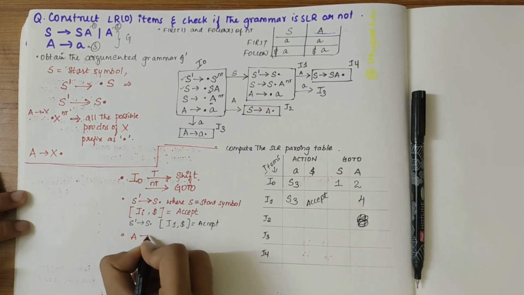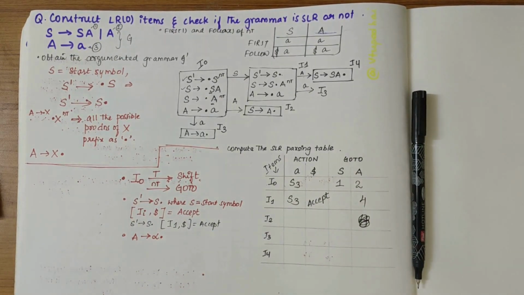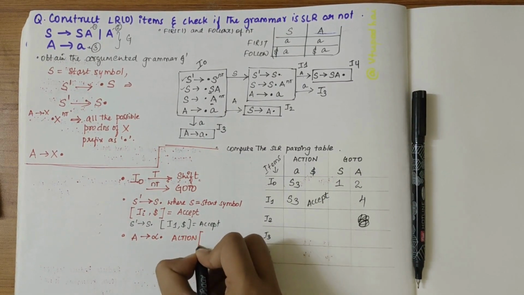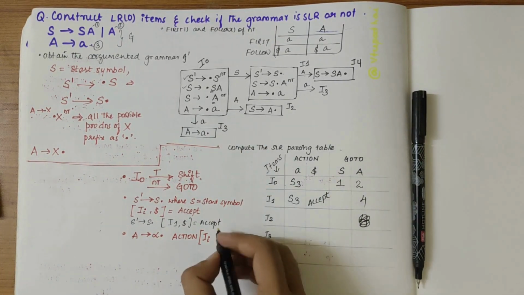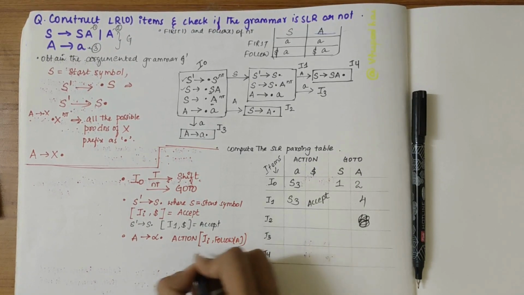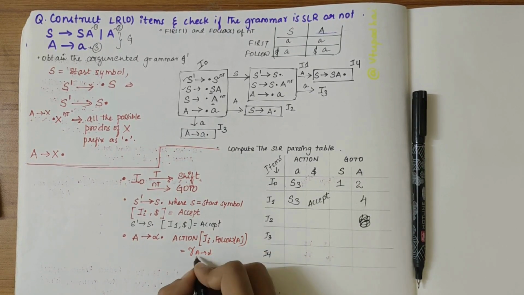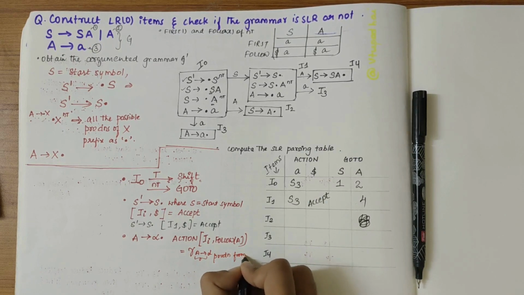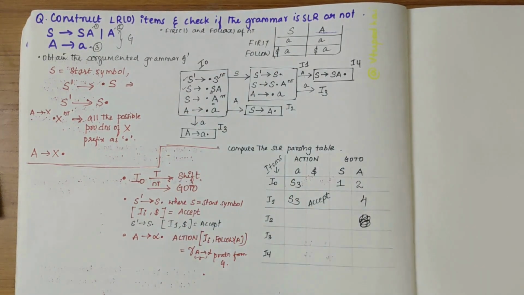So if I have any production of the form A derives alpha dot, then in the action part I can write that particular item number, comma, follow of A should be equal to reduce of A derives alpha, this particular production number from the given grammar G. So I'll explain this considering the examples.